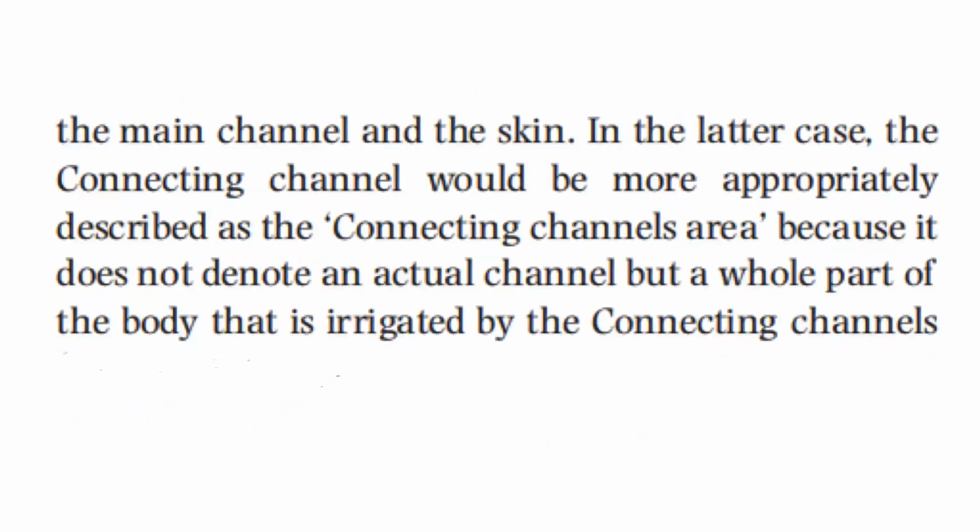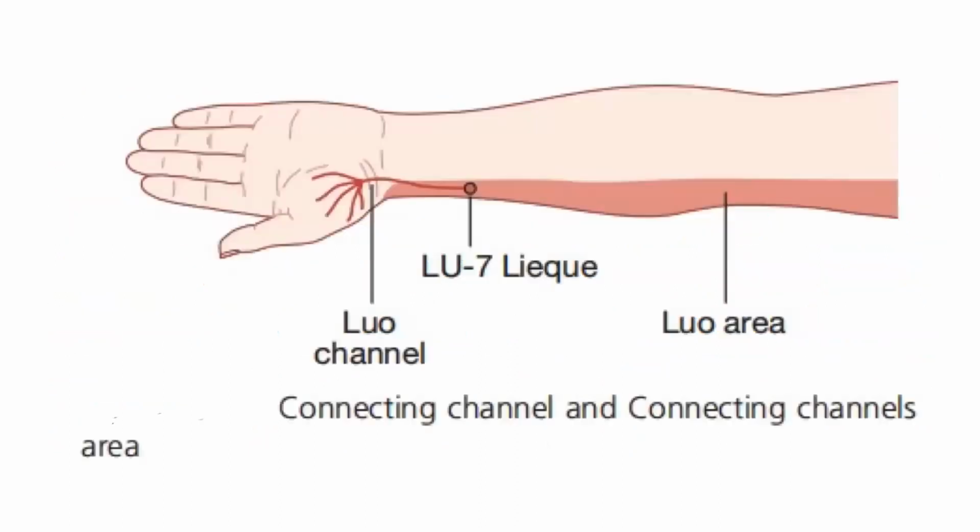The other is the whole area of the body that lies between the main channel and the skin. In the latter case, the connecting channel would be more appropriately described as the connecting channels area, because it does not denote an actual channel but a whole part of the body that is irrigated by the connecting channels.